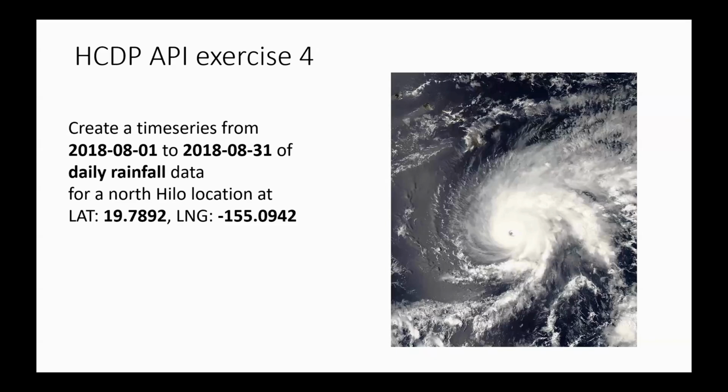So you know that month was the month that Hurricane Lane did a close pass to the Big Island, and several of its rainfall bands impacted the island. So we should see a rainfall spike during that time at that location.